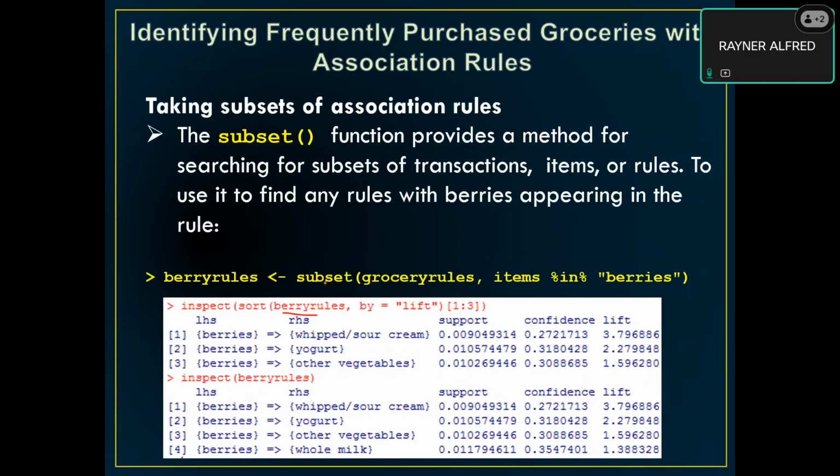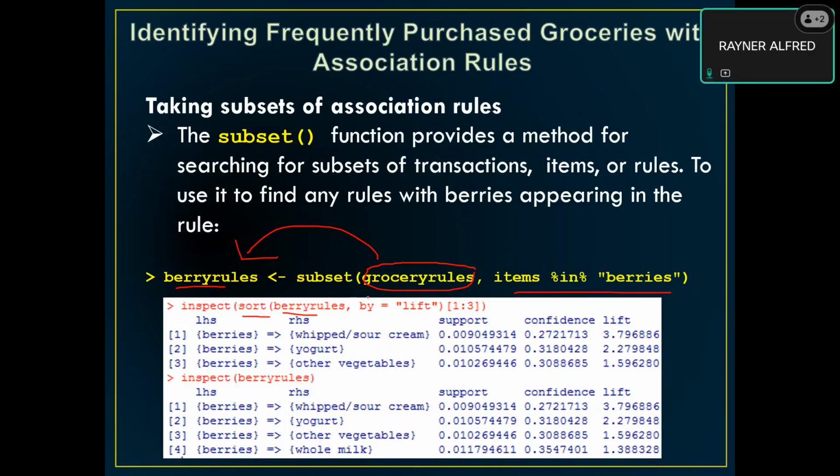Okay, so over here we get all the rules, and then we are only interested in the berries, so we will put them in this berry rules. Okay, so based on these berry rules, we can also inspect what are the rules that we have related to berry. So we can do the sorting, or we can inspect the berry rules that we have.